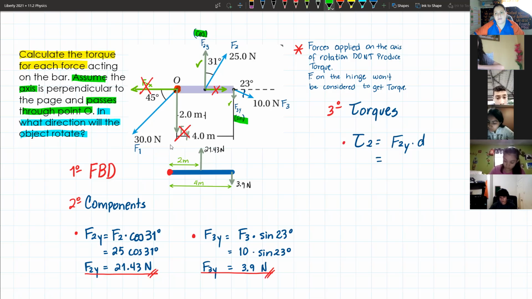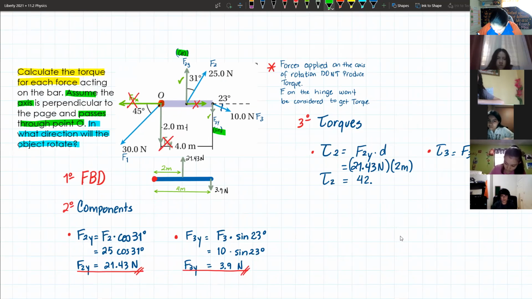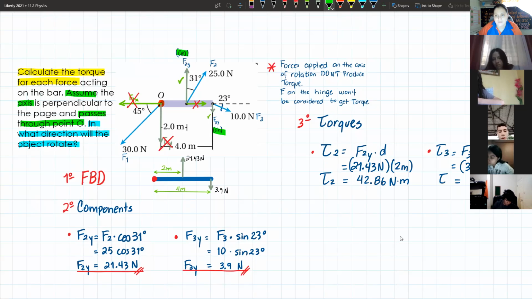You replace by the givens, and you will have 21.43 Newton times the distance. That is 2 meters. How much is this? 42.86. And now for the torque 3, it's going to be 3.9 Newton times the distance, that is 4 meters. How much is this? 15.6.